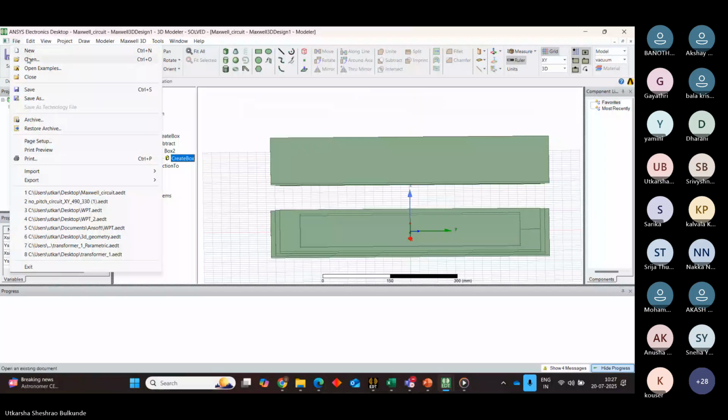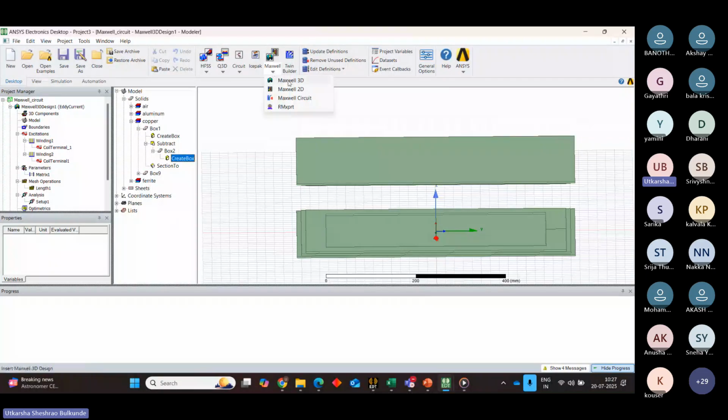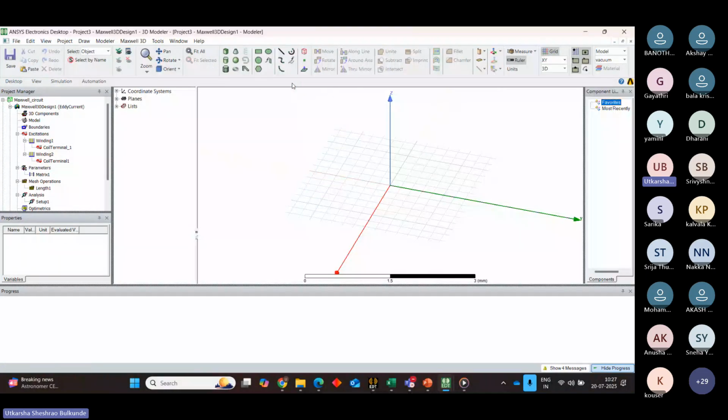File, new Maxwell 3D. Till now we have discussed the circular coil, where we have an inner radius and an outer radius.